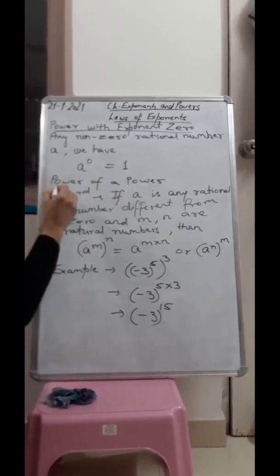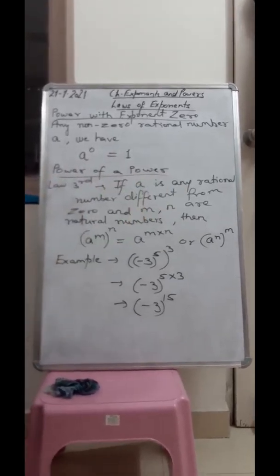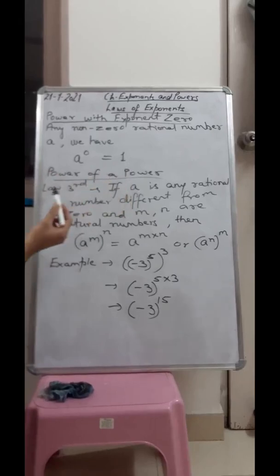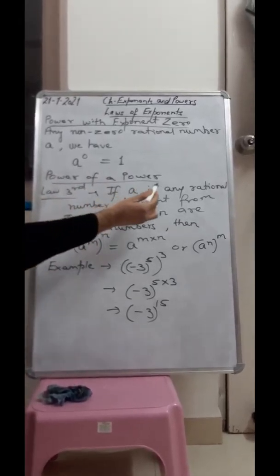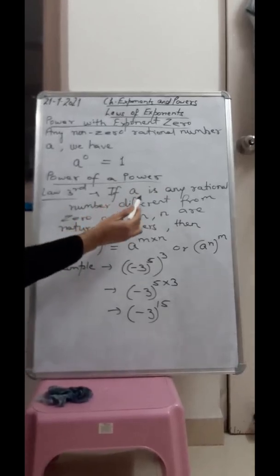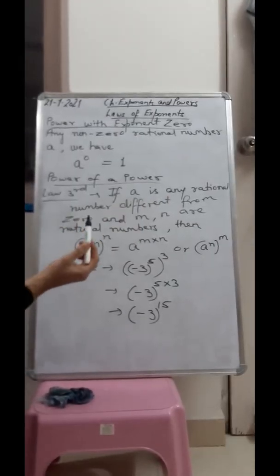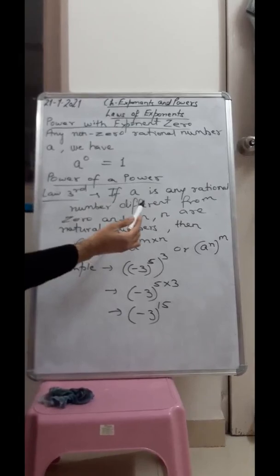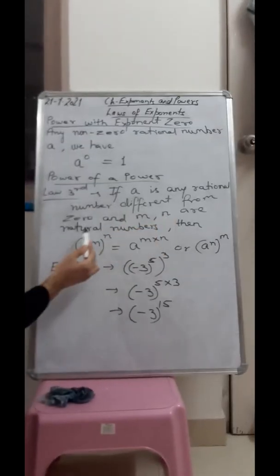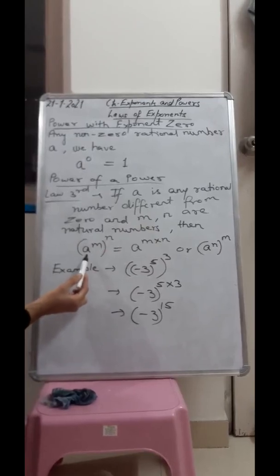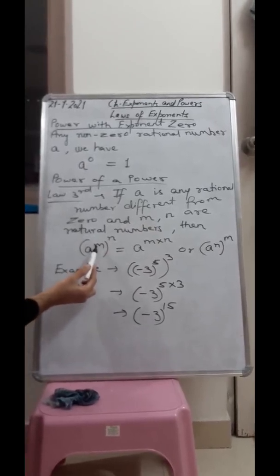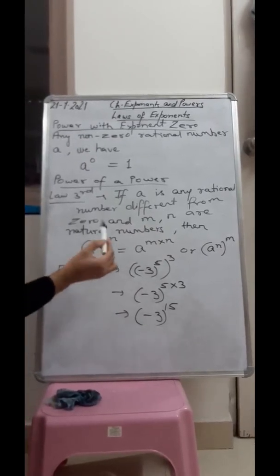The next is power of a power. In law three, if a is any rational number different from 0 and m and n are natural numbers, then the expression is a raised to power m, whole raised to power n.